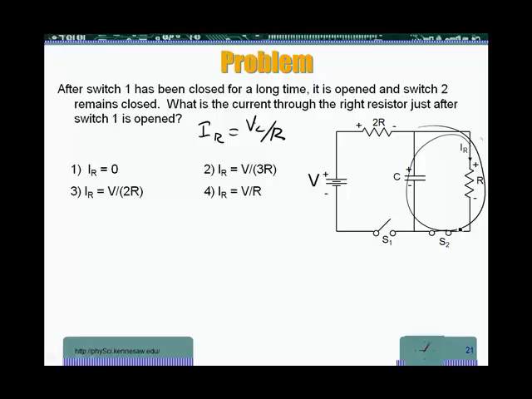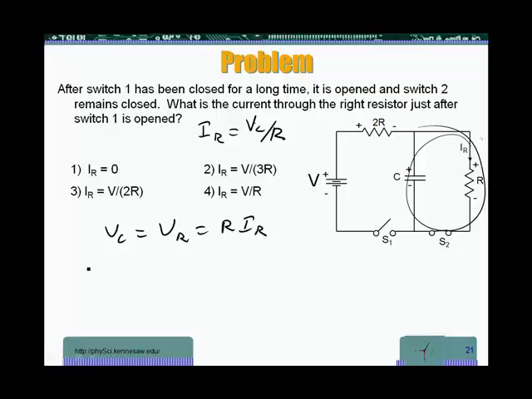To find the voltage across the capacitor, we consider the case when both switches are closed and the capacitor is fully charged. So again, like in the previous question, voltage across the capacitor in this case is going to be equal to the voltage across R, or R times IR.